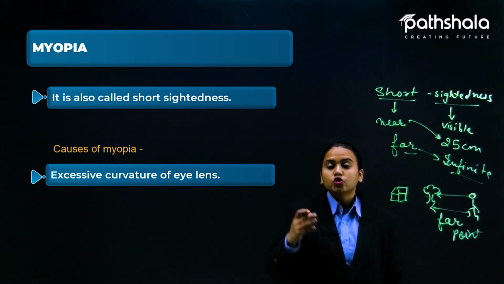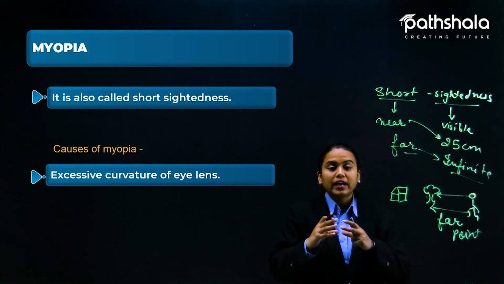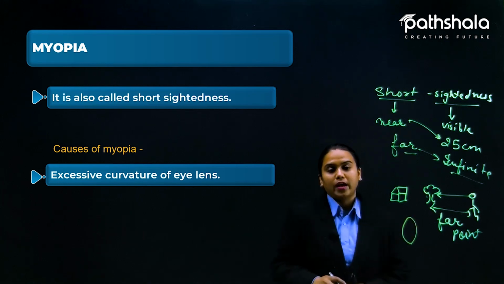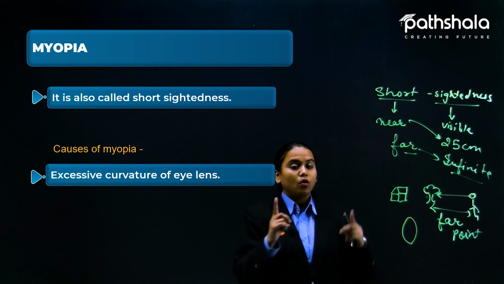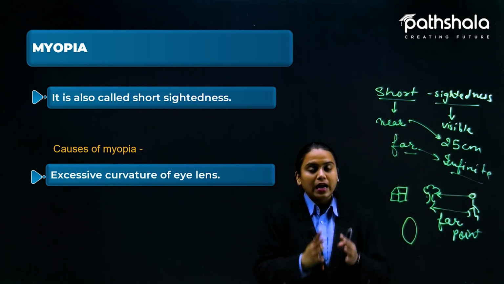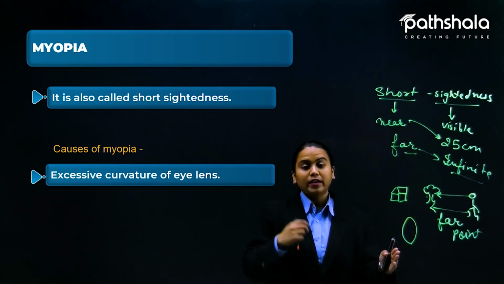The excessive curvature gives you an idea that it has become elongated, a little broad. Earlier I told you that if the eye lens is broad, it makes the focal point earlier.